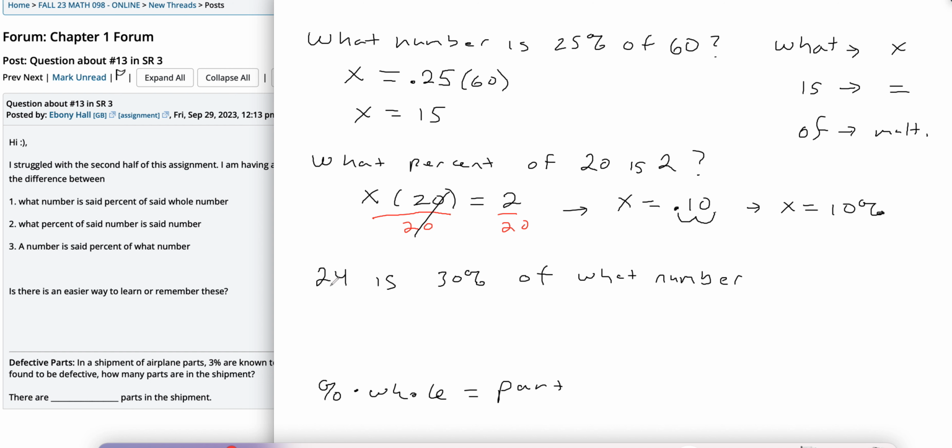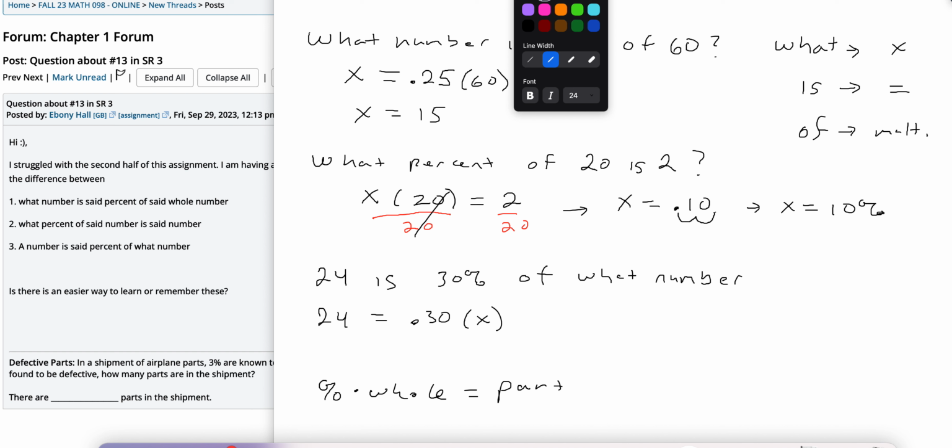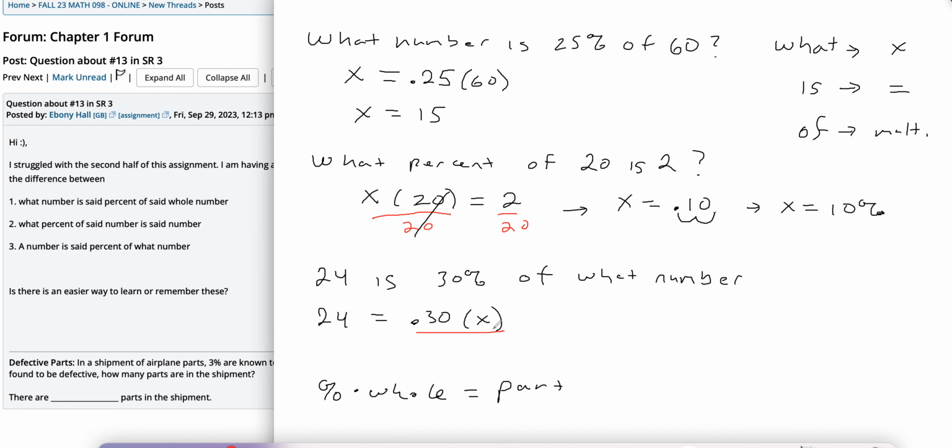For this next one, 24 is, so that's equals 30%, change it to decimal, of, that's our times, what number? I didn't really need those parentheses, but I drew them anyhow. So now to get that x by itself, we would divide both sides by 0.30.